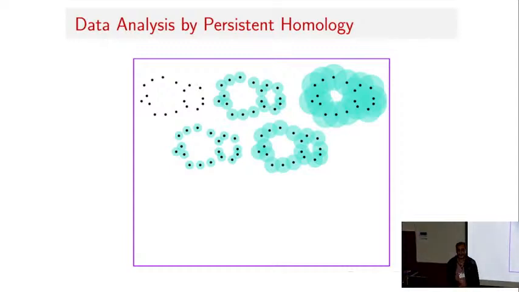And you look at how the connectivity is changing as the space is changing. When I say connectivity, this is a very loaded term. Connectivity is exactly captured by homology groups. So let me tell you what connectivity is here. Zero-dimensional connectivity, or H0, the zero-dimensional homology group, is nothing but the number of connected components.